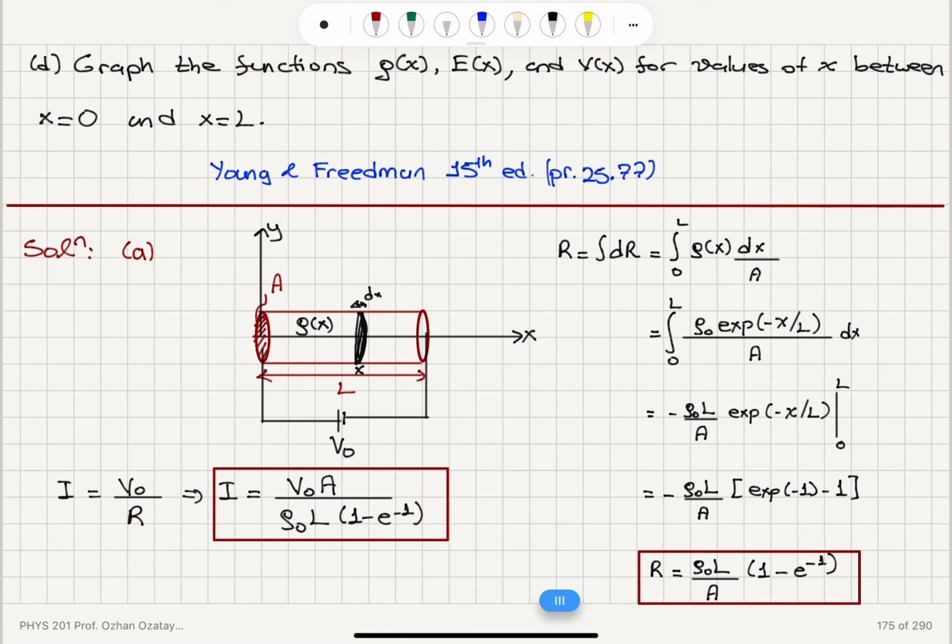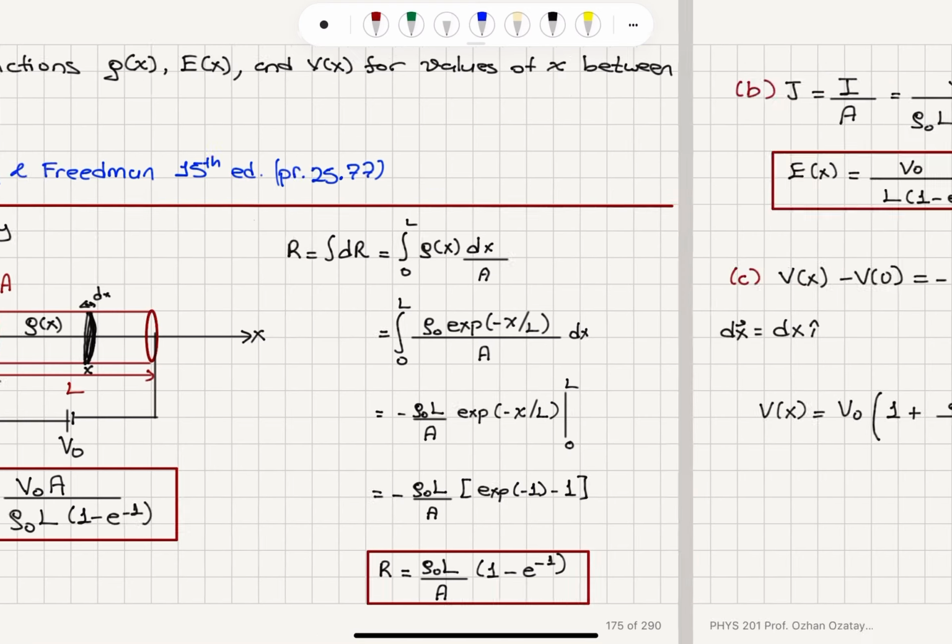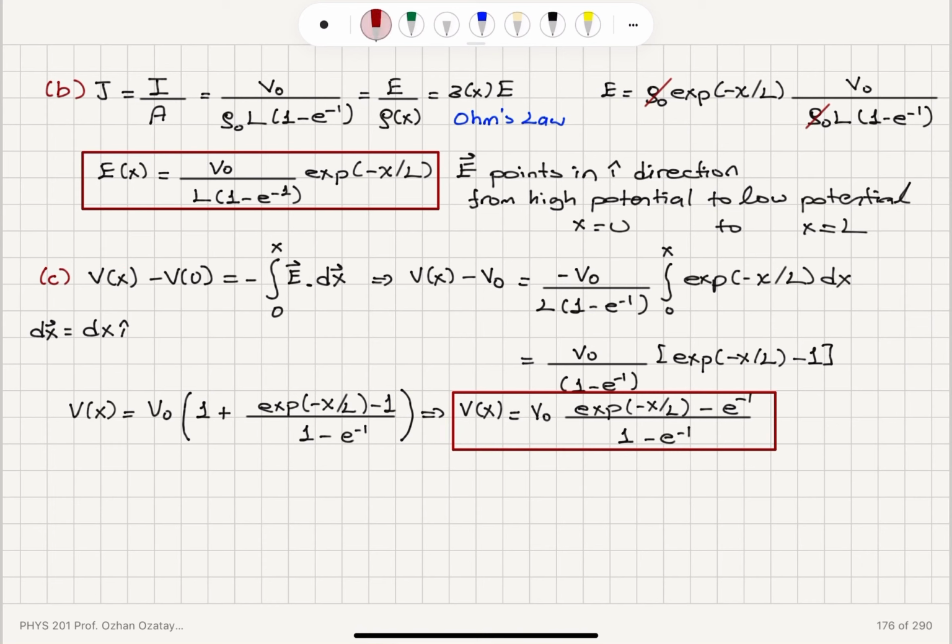Let's move on to part D. Graph the functions resistivity as a function of x, electric field, and potential for values of x between 0 and L. Now, in part D, I have the resistivity at x equals 0 is rho 0, because it was rho 0 exponential minus x over L. And resistivity at x equals to L is rho 0 exponential minus L over L, which is e to minus 1.